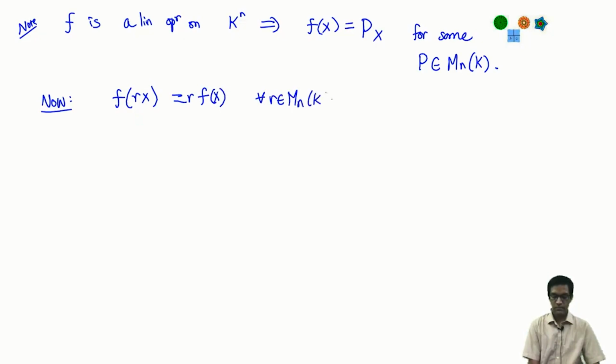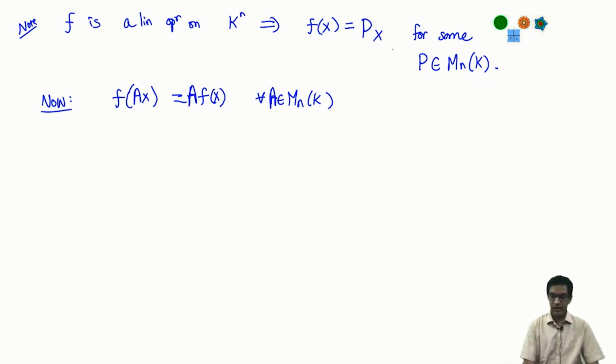Here R is in the ring M_n(K), okay, which means what? So let me take instead of R, let me call it A. Okay, so it's maybe better notation because psychologically I think of it as a matrix. So f of Ax should be A acting on f of x for all matrices A in M_n(K). Now what does this mean?